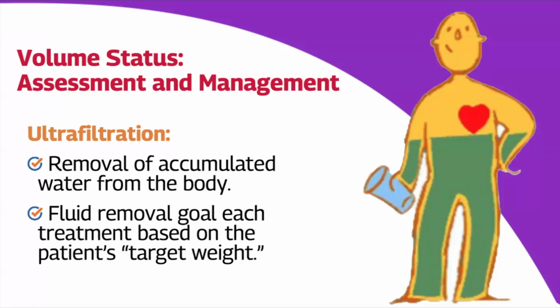The excess fluid is removed through ultrafiltration. Ultrafiltration takes place in the dialyzer as water from the bloodstream is forced through the semi-permeable membrane by pressure on the blood side of the dialyzer. The amount of fluid being removed is based on the patient's target weight. And target weight is determined by the provider, either the doctor, nurse practitioner, or PA, and provides a goal for fluid removal during treatment.